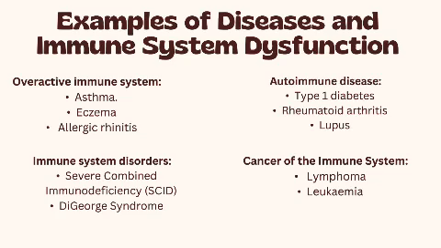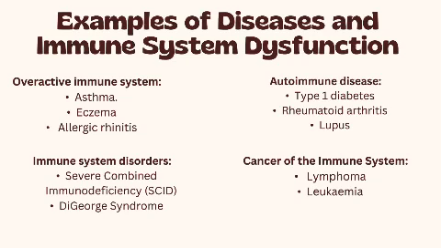Rheumatoid arthritis. The immune system cells attack the joints, causing swelling, deformities, and inflammation in the joints. Lupus. The immune system attacks the body tissues, including the lungs, kidneys, and skin.